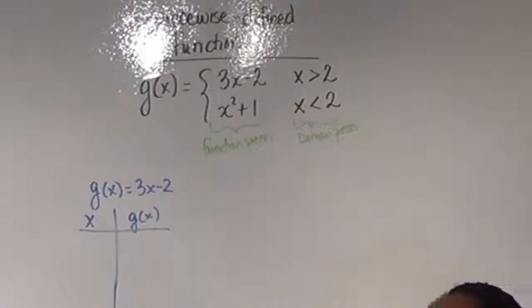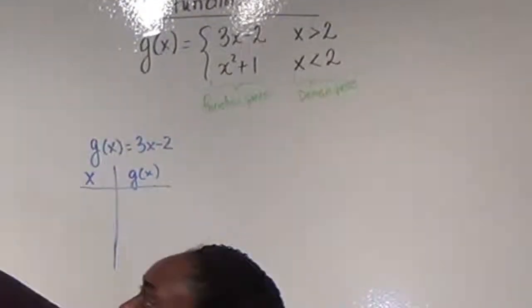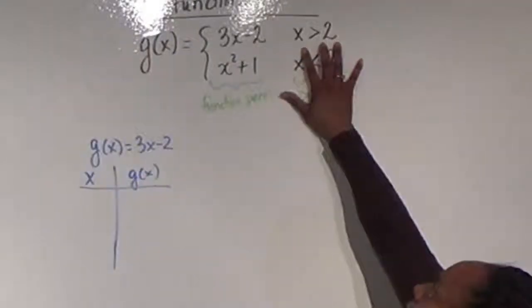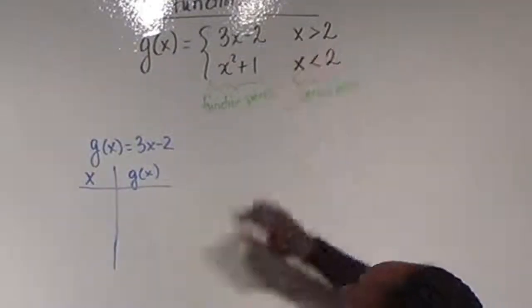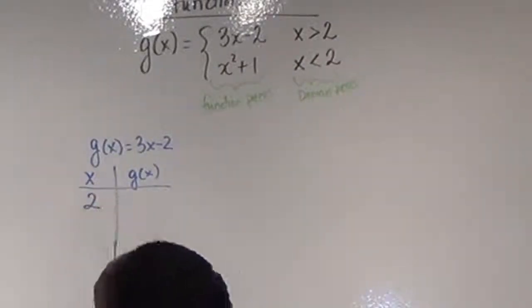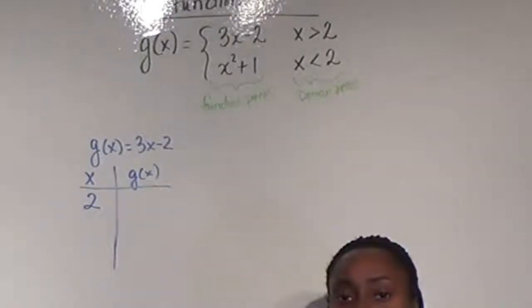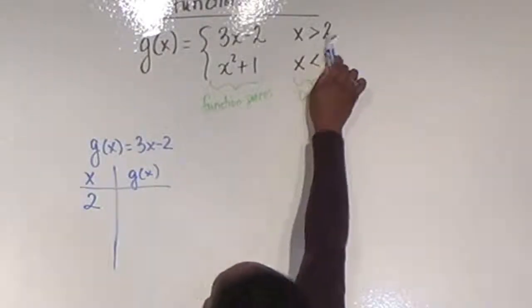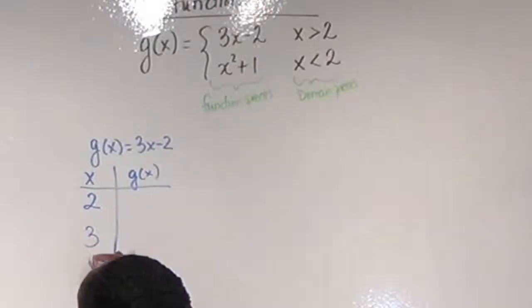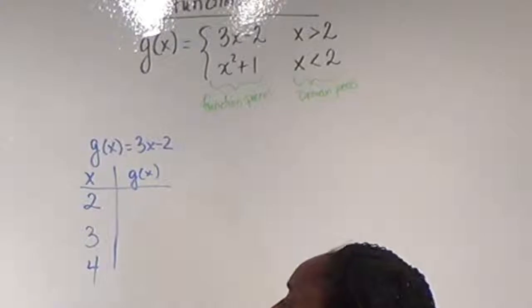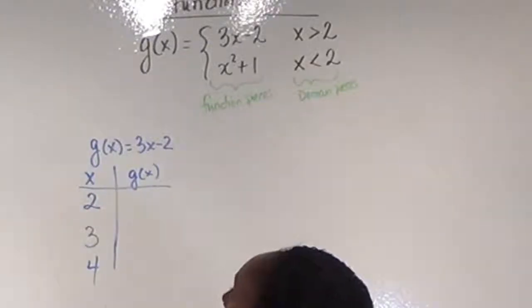Now the ordered pairs I choose here, unlike in the last case where I'm picking positive, negative, and 0, here I want to pick them so that they're within the domain. So I need things greater than 2. One of the things I suggest is always starting with that boundary point, because I need to know what happens where the graph starts. So if I'm looking at 2 and then things bigger than 2, so 2, 3, and 4, there's a couple of good points. Again, you can choose more of them.